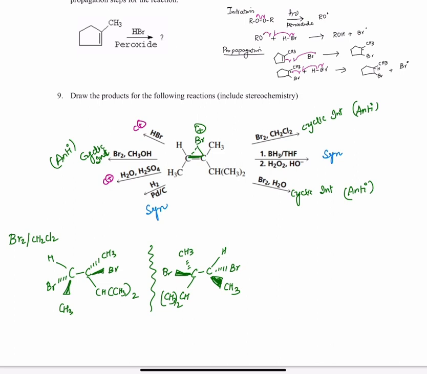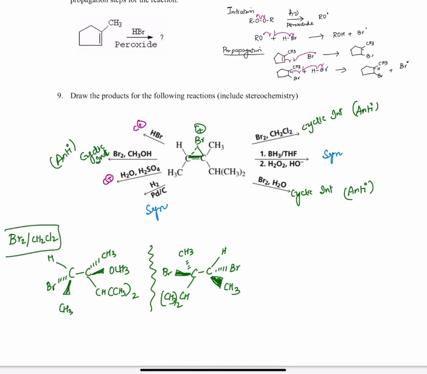This is with normal halogenation, but when you change this to a nucleophilic solvent such as water or an alcohol, the only change that you will be making here is you will switch one of the bromines with the OH or OCH3. So that would be the only change that you will be making.